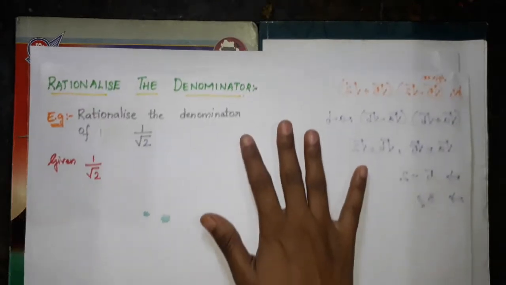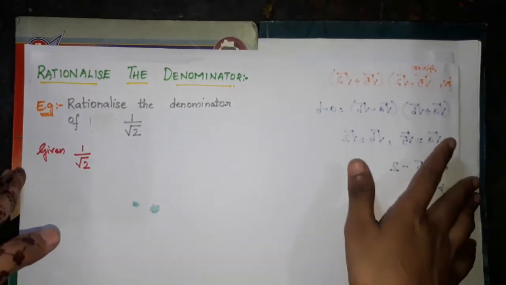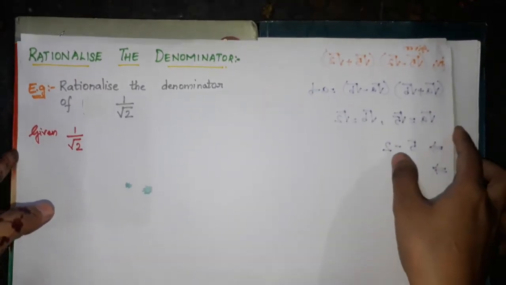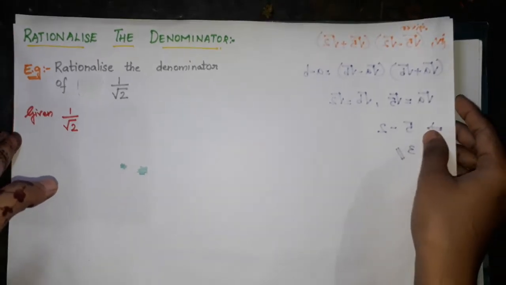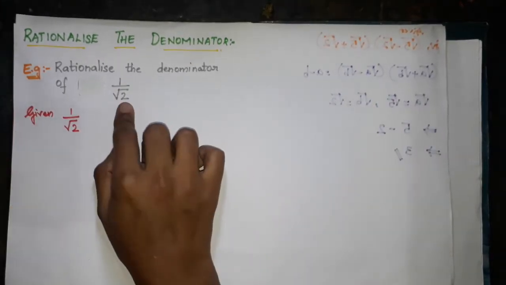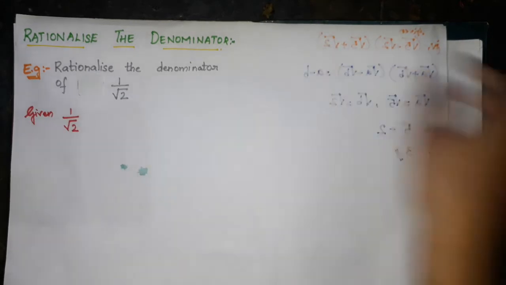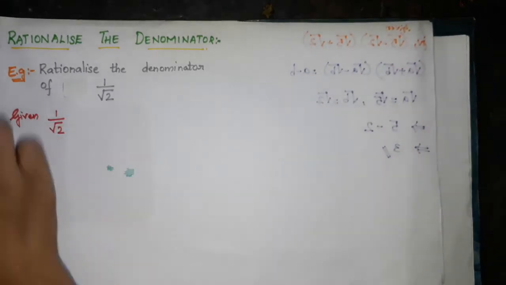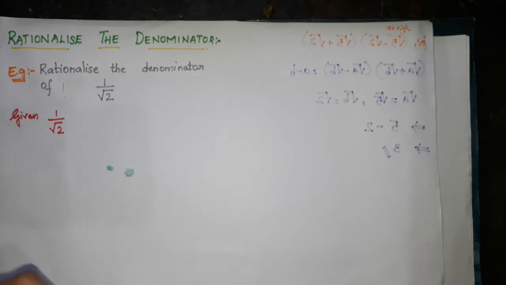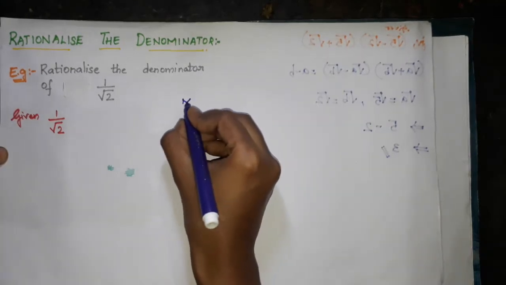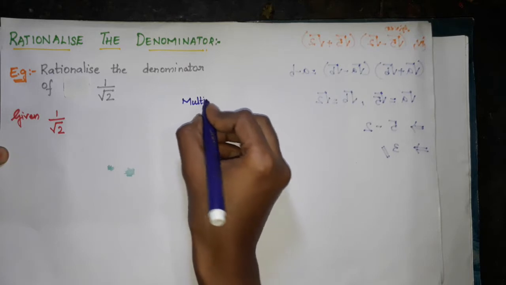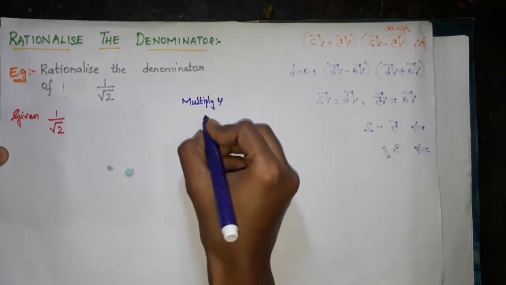I have already copied the question, children. Rationalize the denominator. Now see here. What is the question? Rationalize the denominator of 1 by root 2. So given 1 by root 2. What is rationalizing? Rationalizing means multiply and divide.